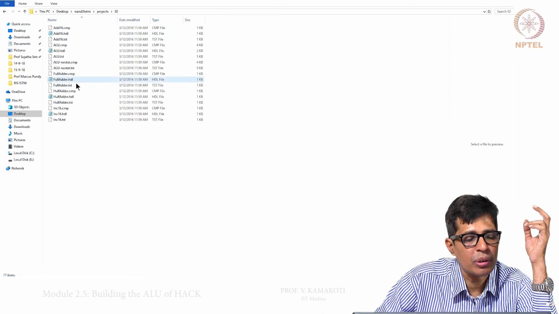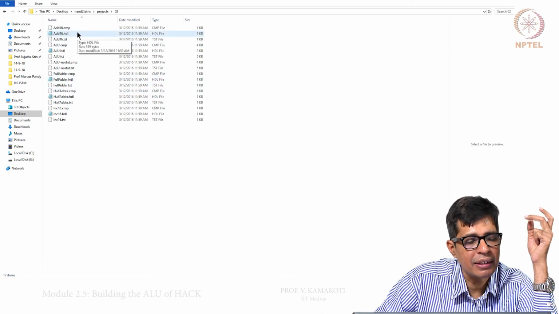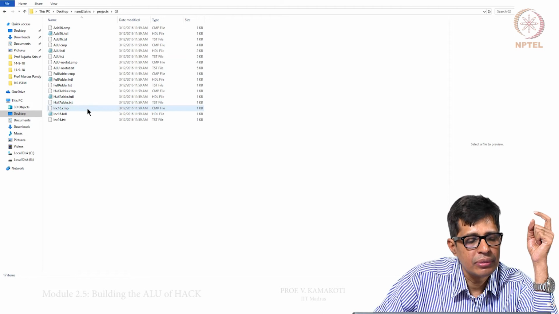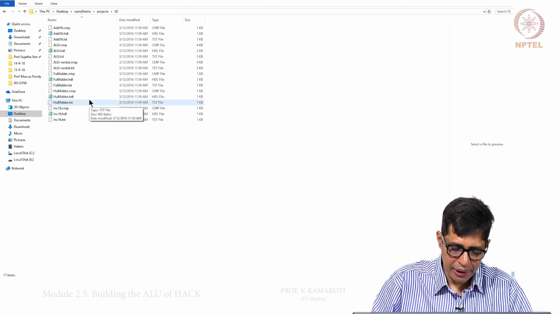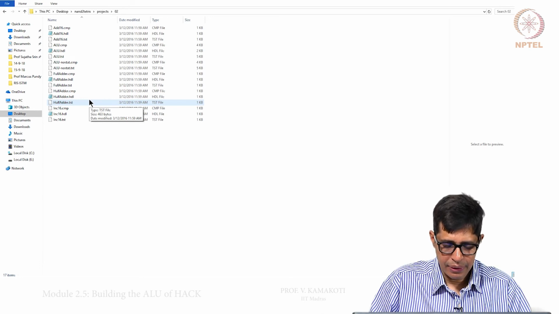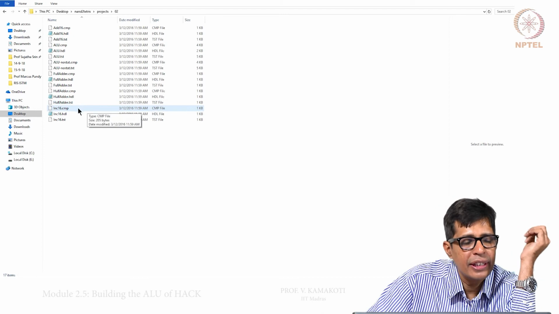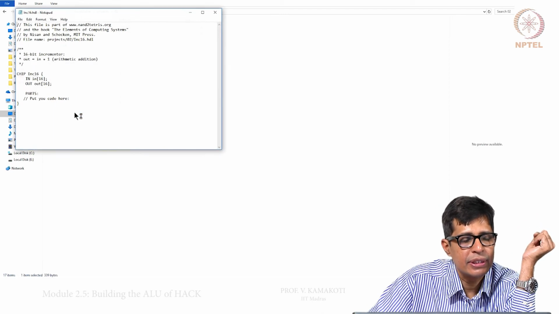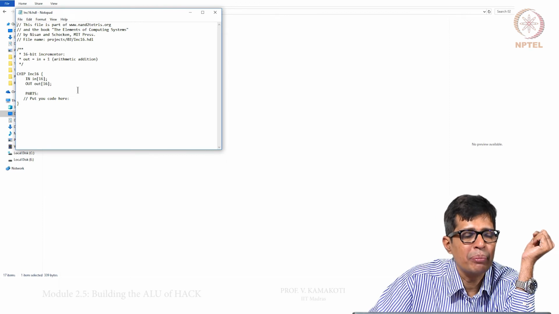So, yesterday we talked about the half adder, we talked about a full adder, and also we talked about a 16-bit adder. And there is also a need for doing 16-bit incrementing. So, this is an increment of 16 bits. So, the input should be incremented by 1.